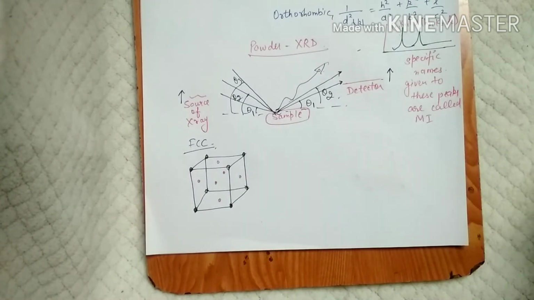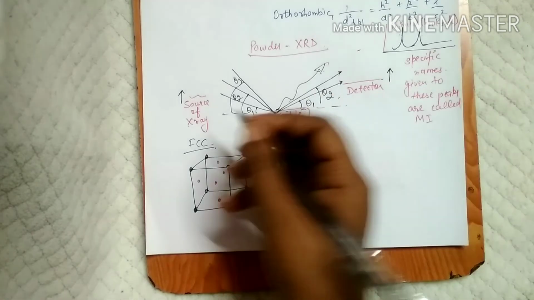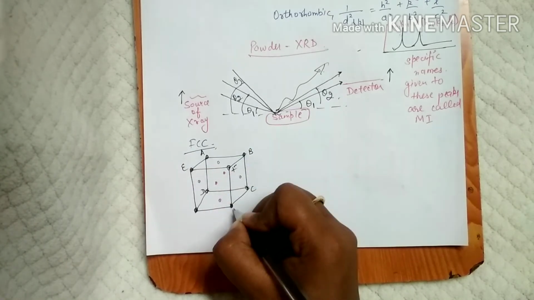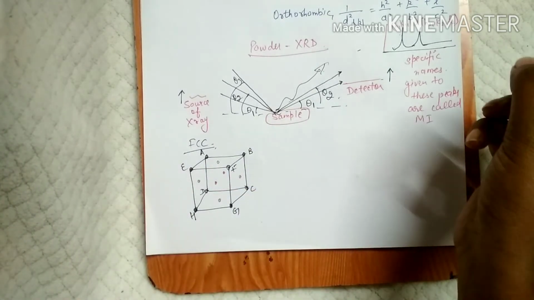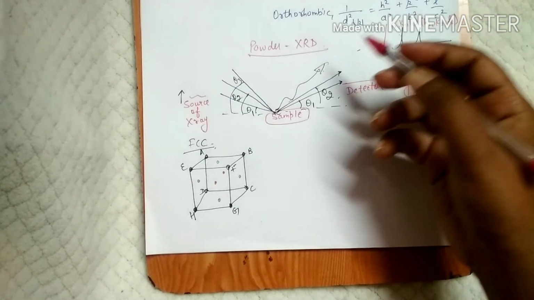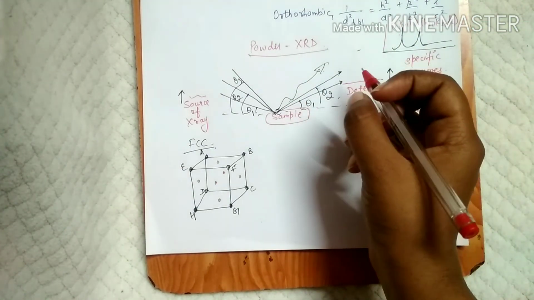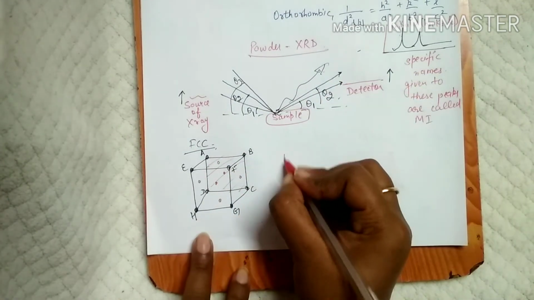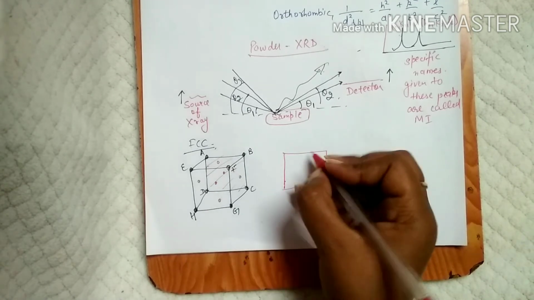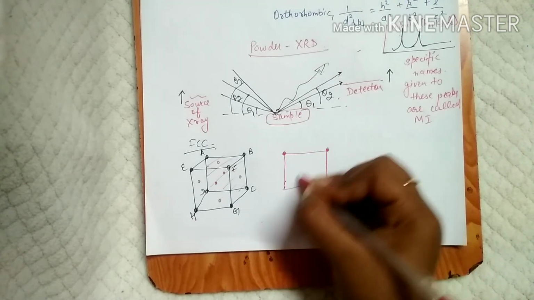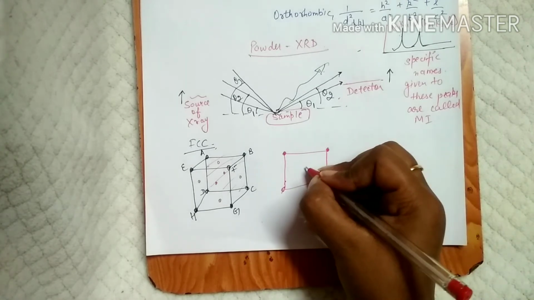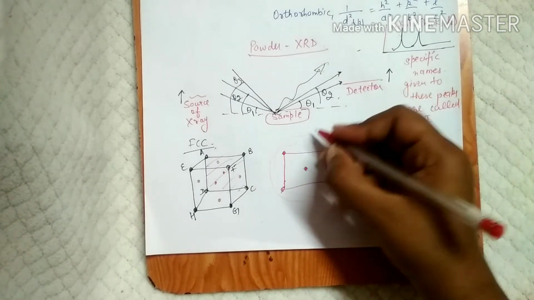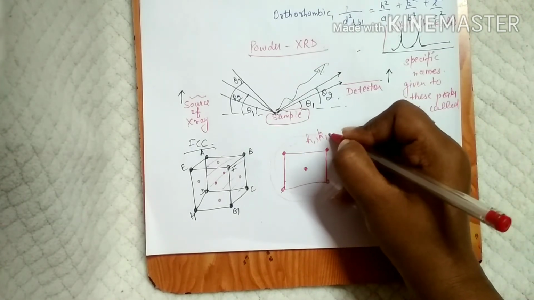Now we're going to name them A, B, C, D. If I take out the ABCD plane, this backward plane, then this ABCD plane will be having atoms at corners and also one at the face center, like this. This is one type of plane which is giving, suppose, a peak at H1, K1 and L1.